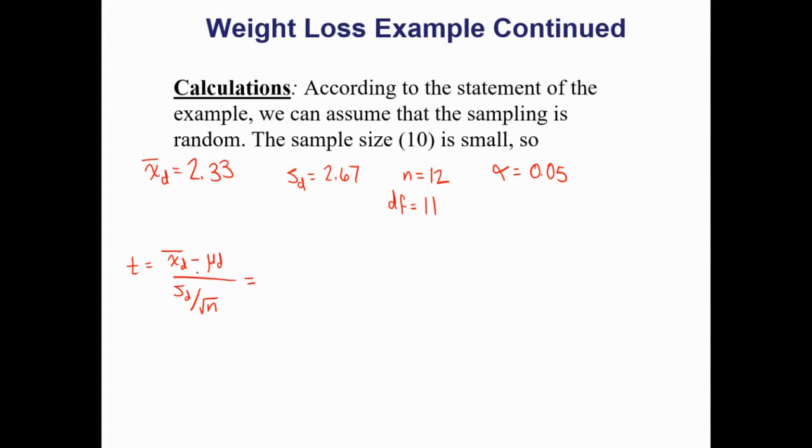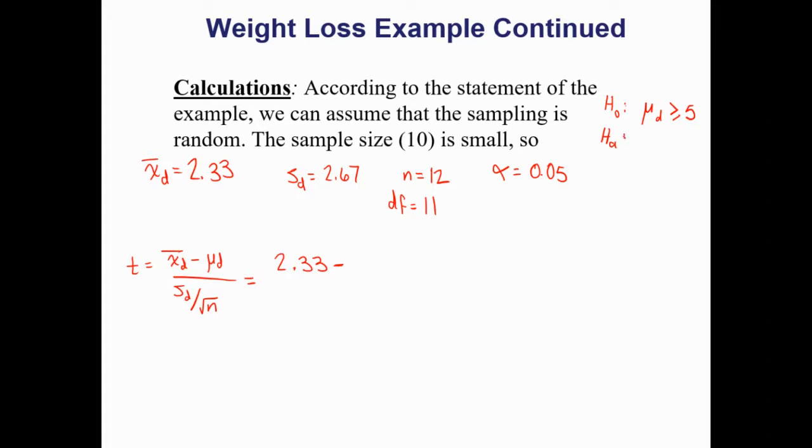Okay, so our X bar was 2.33. Now, this example is a little bit different because are we subtracting 0 here? No. Our null, remember, I'm going to write the dual credit version, was that mu d was greater than or equal to 5.